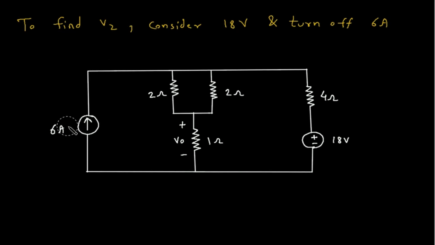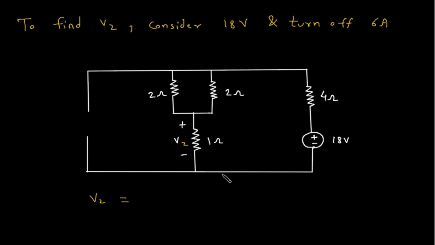Now when we turn off the current source, that time it will be an open circuit. So to find V2, we will apply the voltage division rule here.